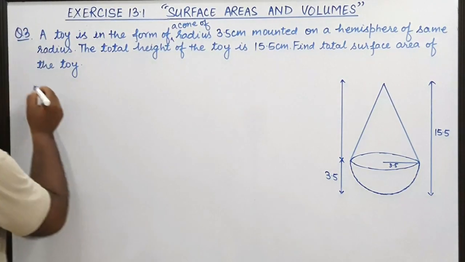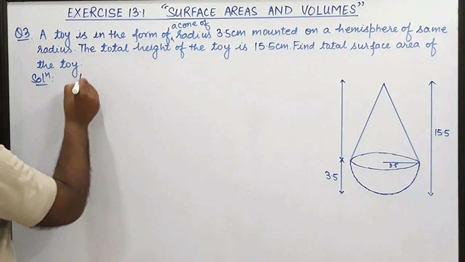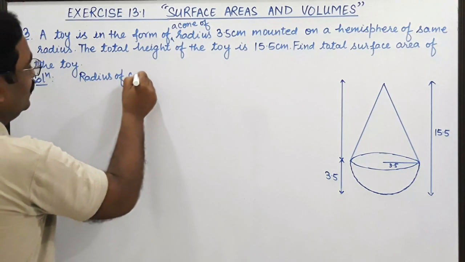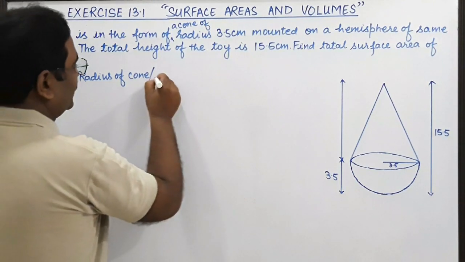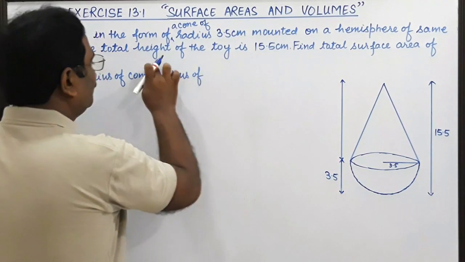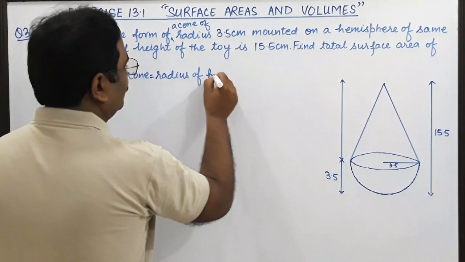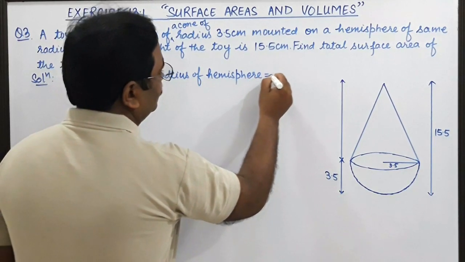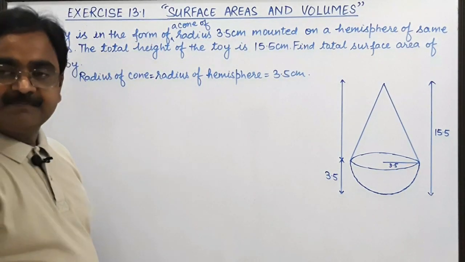So in the solution, the radius of cone and radius of hemisphere are both the same, which are 3.5 centimeter, right?